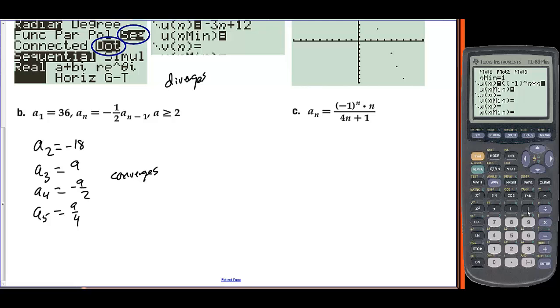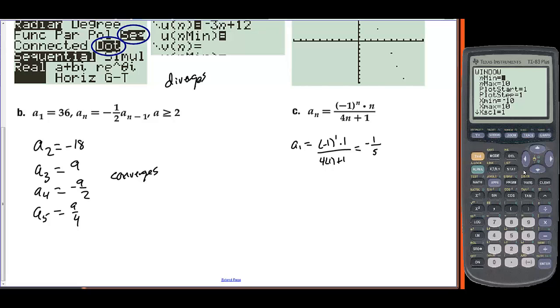We'll close the parentheses for the top, and then divided by parentheses 4n plus 1. Now if we look at the first value, when we plug 1 in, a sub 1 is equal to negative 1 to the 1 times 1 over 4 times 1 plus 1. Now that's equal to negative 1 over 5. So we're looking at some pretty small values here.